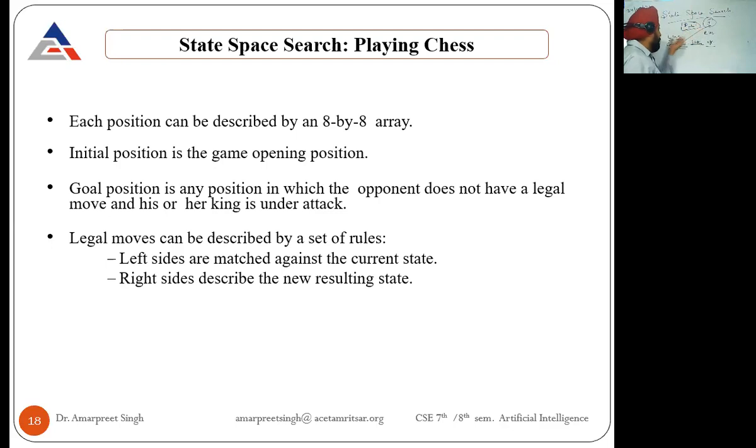The left hand side has the conditions, and we are at this state, so the conditions are met. Only if the conditions are met can this step be carried out. If these conditions do not match, then some other rule will be applied and some other step can be taken.